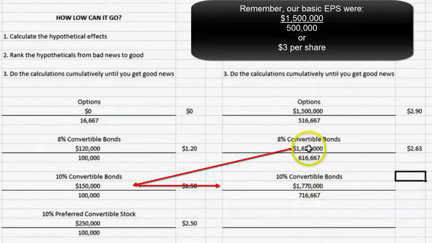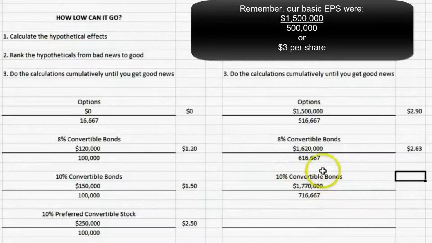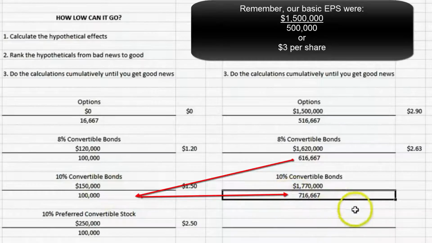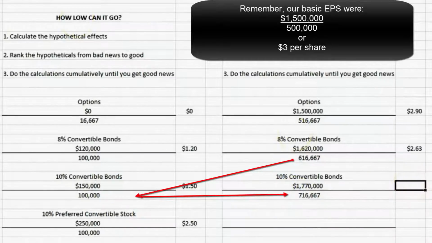So remember, that's the numerator from the last calculation, adding back the interest expense on the 10% bonds after tax. And then what's happened to the denominator? We had 616,667. We add the 100,000. Now we're up to 716,667. You do that arithmetic, and earnings per share is down to $2.47. So we're still getting bad news, and that's good.